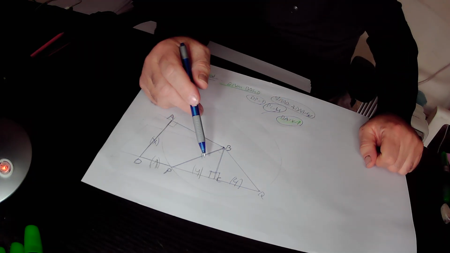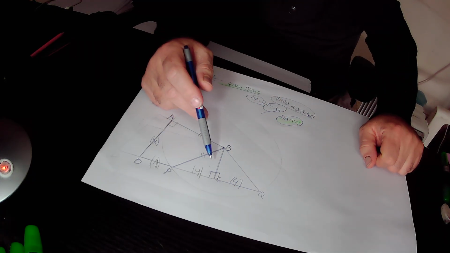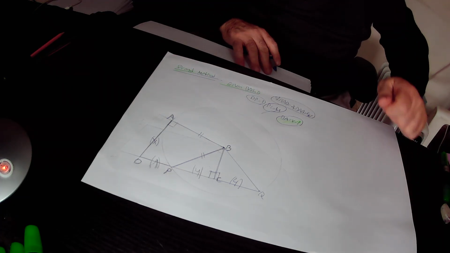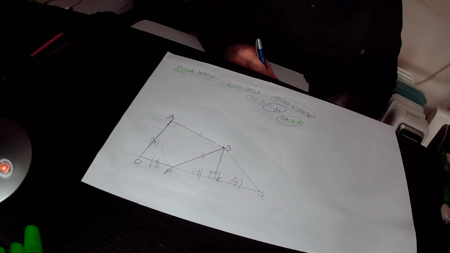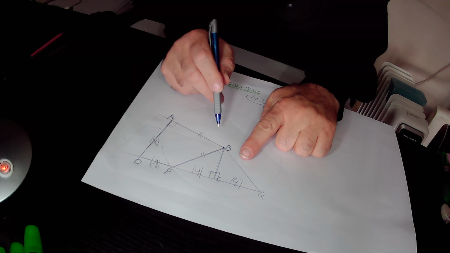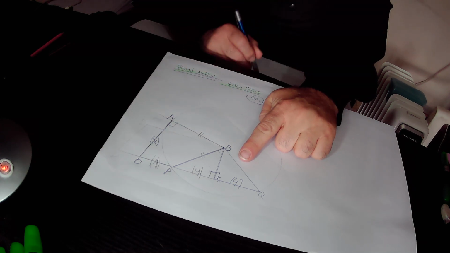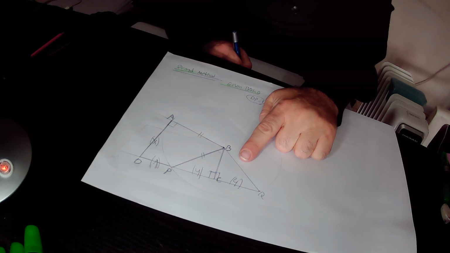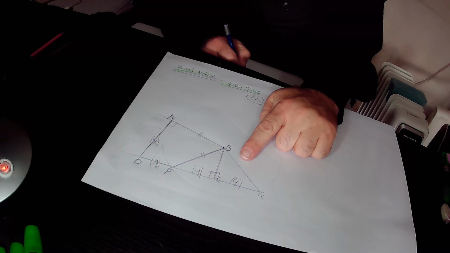So actually this is angle PCB in the right triangle PBC, and it is equal to this angle, angle BCQ in the right triangle BCQ.